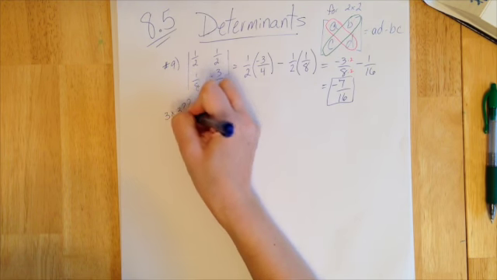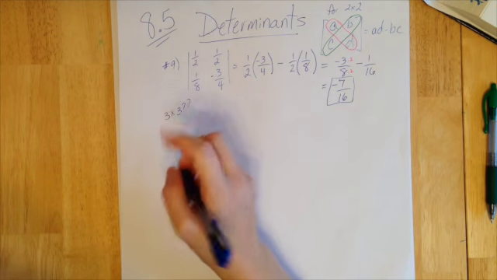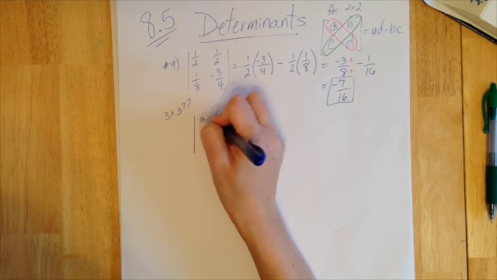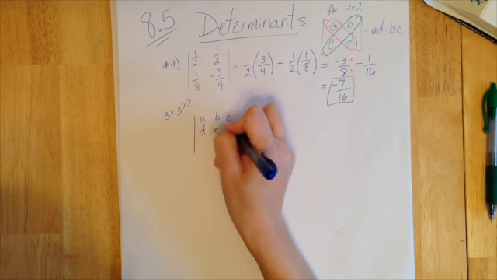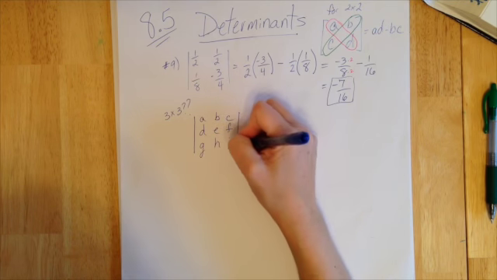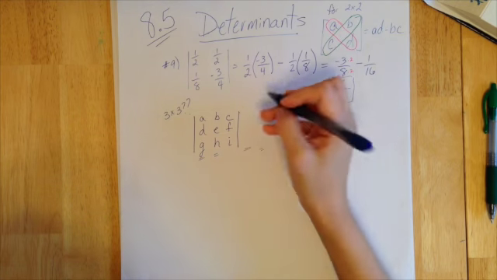Now, what if it's a 3 by 3? Well, there's two ways to do this. And the first way is if it's A, B, C, D, E, F, G, H, I, we rewrite the first two columns on the outside.